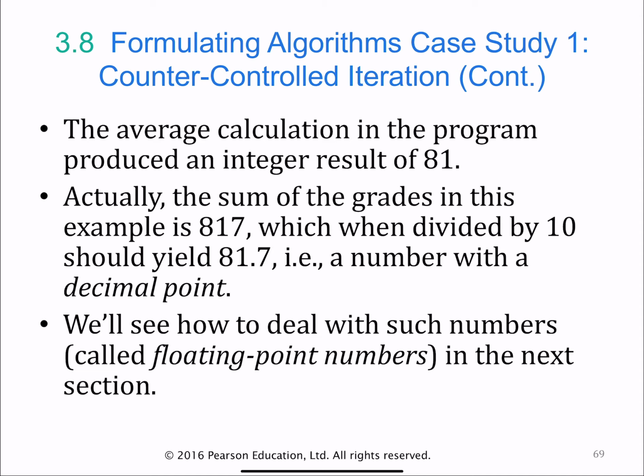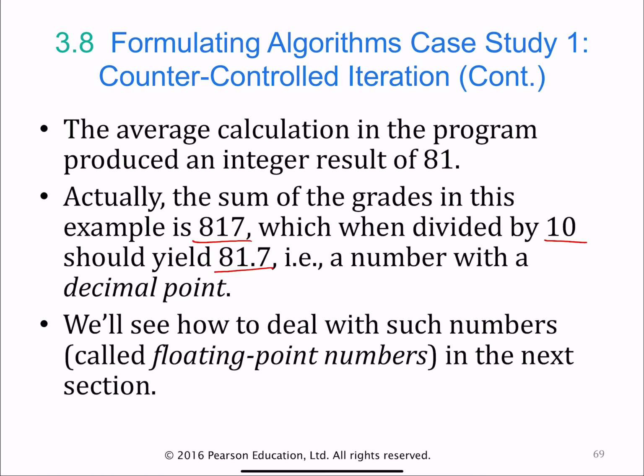Another thing that you may have noticed is that average was defined as an integer. Now, the total in the example that I showed you actually comes out to 817. So the sum of grades of all 10 students is 817. When you divide that by 10, the actual average is 81.7.